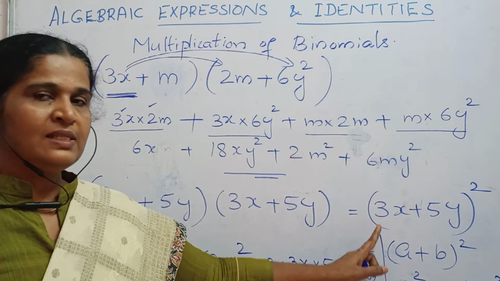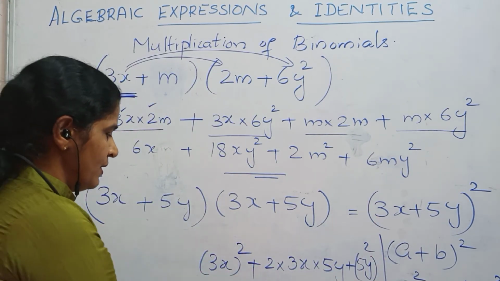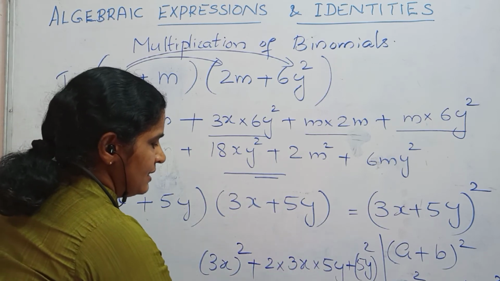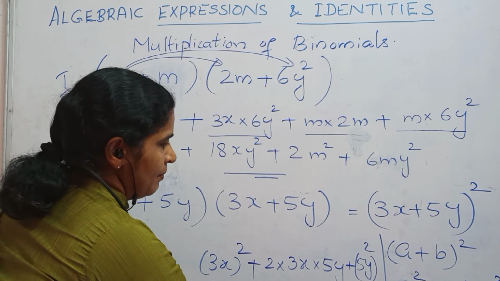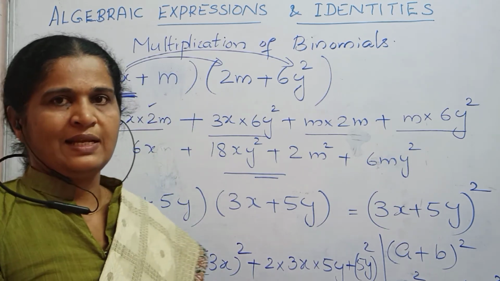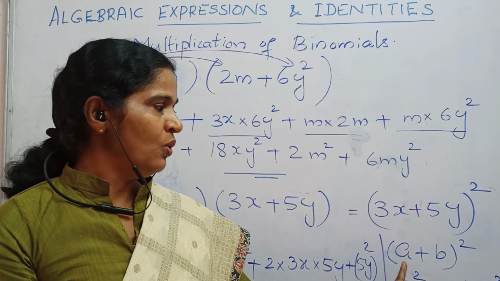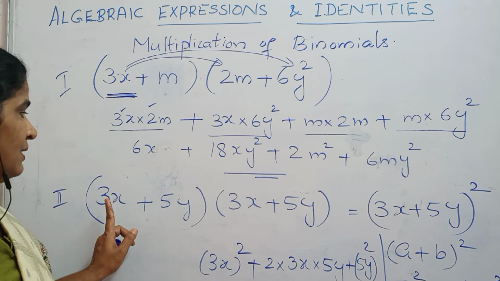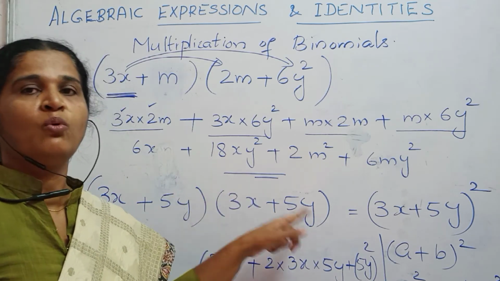This is the answer for this, and you can expand it. 3 squared is 9x² plus, numbers first, 5 2s are 10, 3s are 30xy plus 25y² will come as the last answer. This is how we do it using the identities. That is only possible if the terms are repeatedly coming in both the brackets.